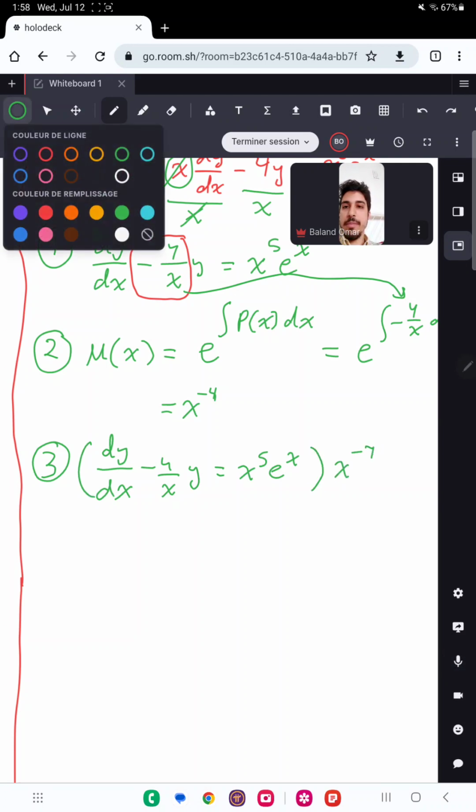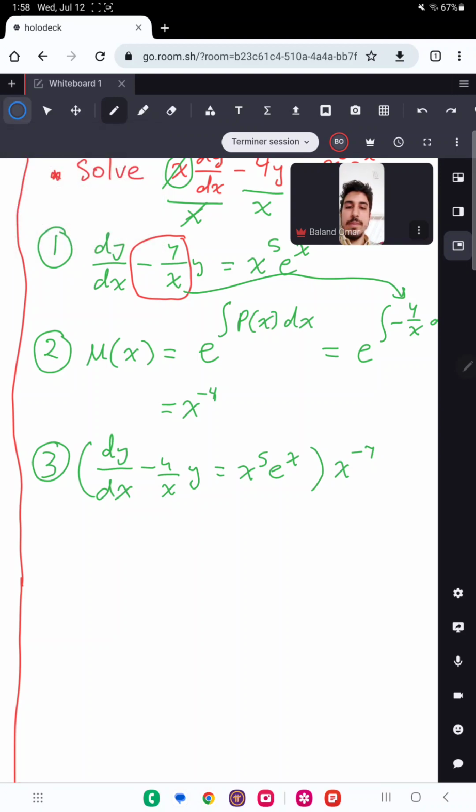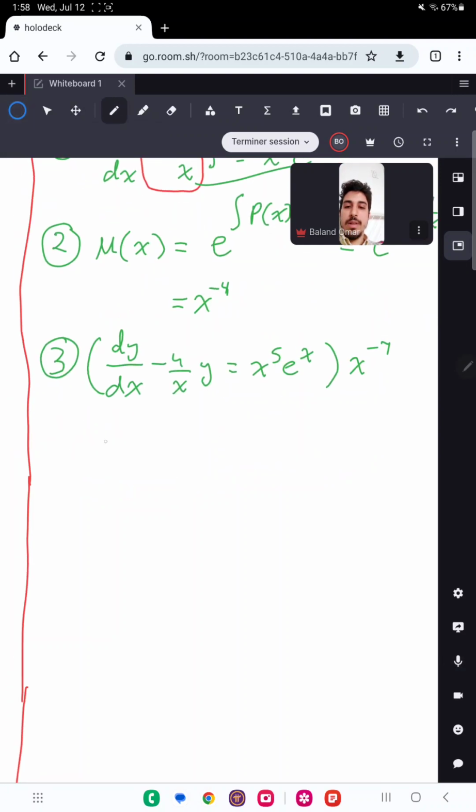What do we get? We get x to the minus 4 dy dx minus 4 over x to the 5 y is equal to, just basic exponent rules, x to the 5 minus 4, x to the x.